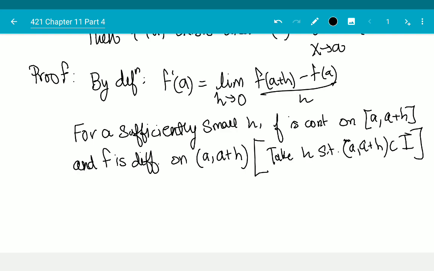If I do this, it is differentiable, which implies that it is also continuous on all of a to a plus h. So forget about the first part I said. Here that holds because I can take it in my interval, right?